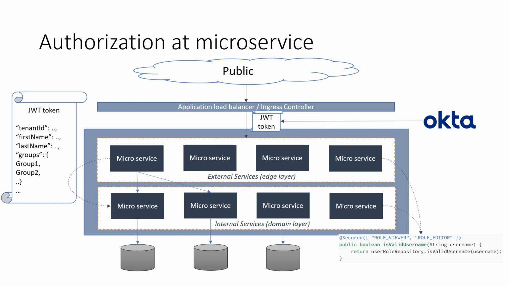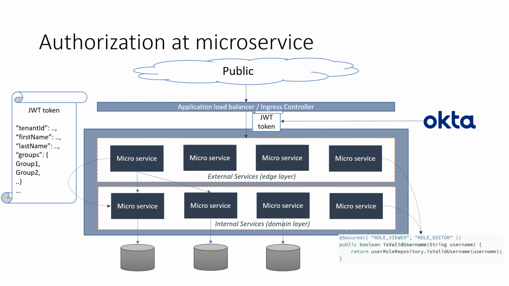We can manage all our services within one boundary, and we can think that all these services are like one layer. But still, we can do layering among those services based on some criteria, and that criteria we can define. For example, we have some services which are directly invoked from outside the boundary, and there is another set of services which are internal, which are only invoked by the services within the boundary.